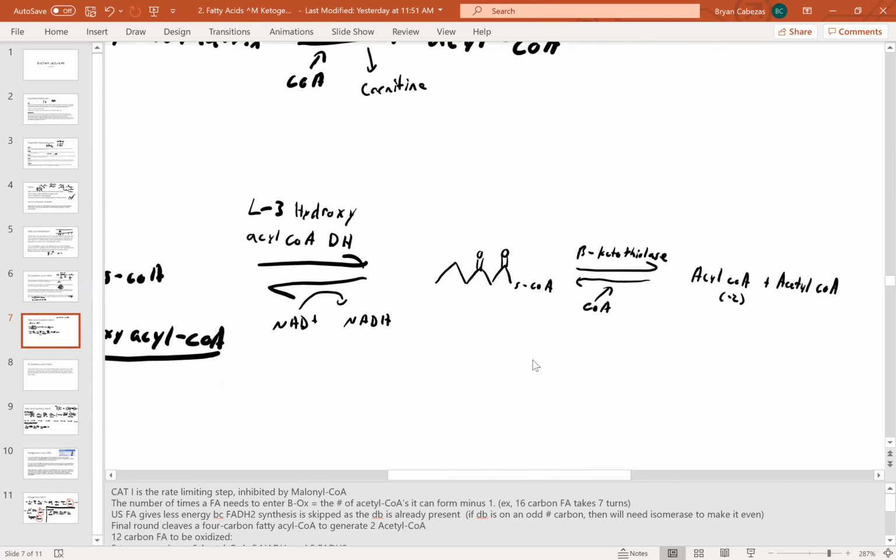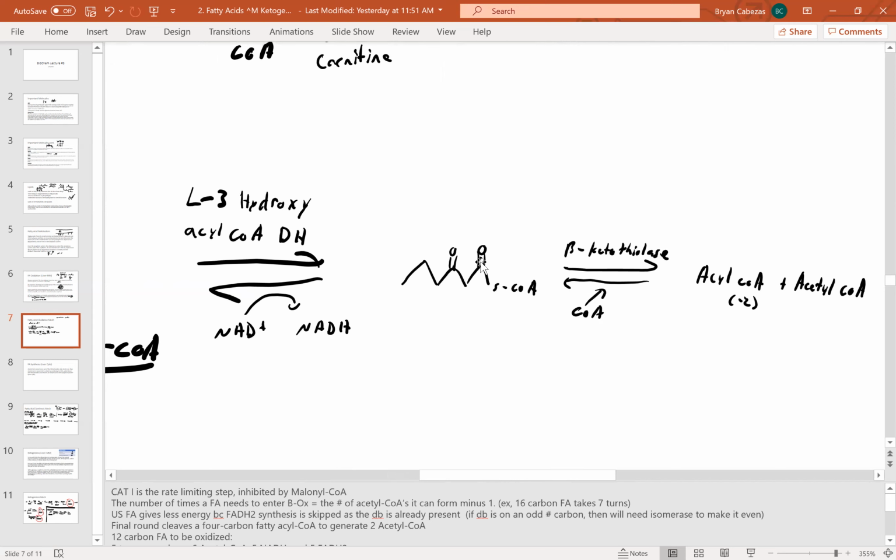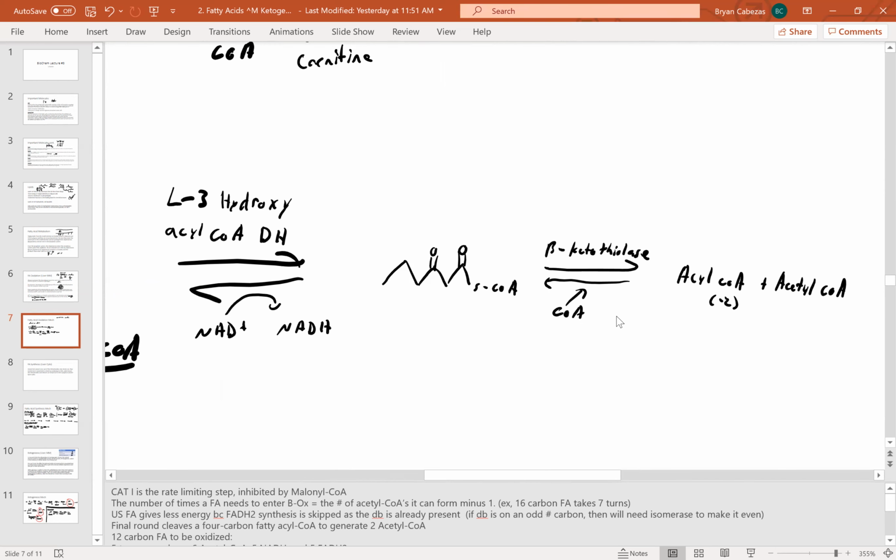This resulting structure is just a beta ketone. Beta ketone just means that you have a carbonyl group, and then alpha and beta carbon, you have another ketone, so as a beta ketone. You're going to be using beta ketone thiolase to introduce a coenzyme A molecule. And after you introduce that coenzyme A molecule, it's just going to come in and bind over here.